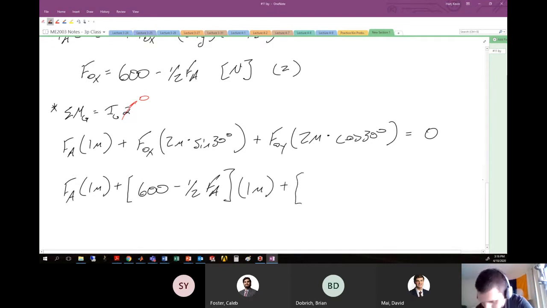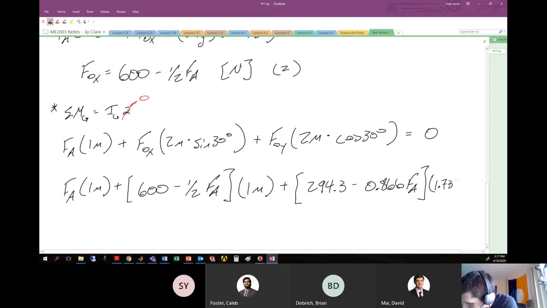Plus FOY, which we solved for previously, is 294.3 minus 0.866 FA, multiplied by my moment arm after doing my trig, which is 1.732 meters. This is all equal to 0. The only unknown in this equation is FA, which occurs a couple of times.